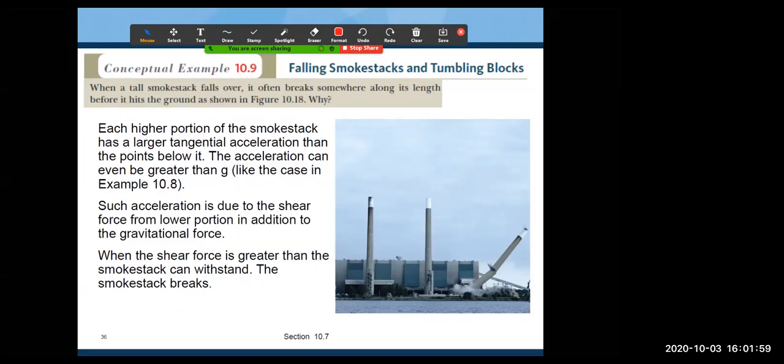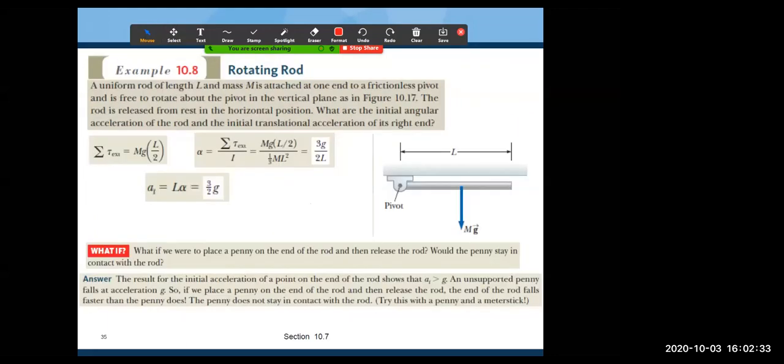And this is a picture that shows you the collapsing of a chimney during the destruction, not the construction, of a factory building or a power plant. And here you will notice one very striking thing. The chimney is broken at some point in the middle. Remember, when the chimney is falling down, it is kind of like the previous example. You have to use a bit of imagination, rotating the whole picture by 90 degrees.